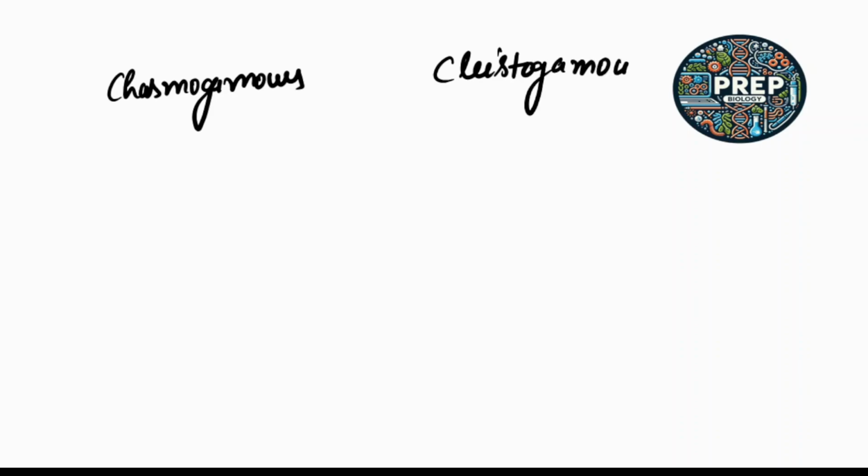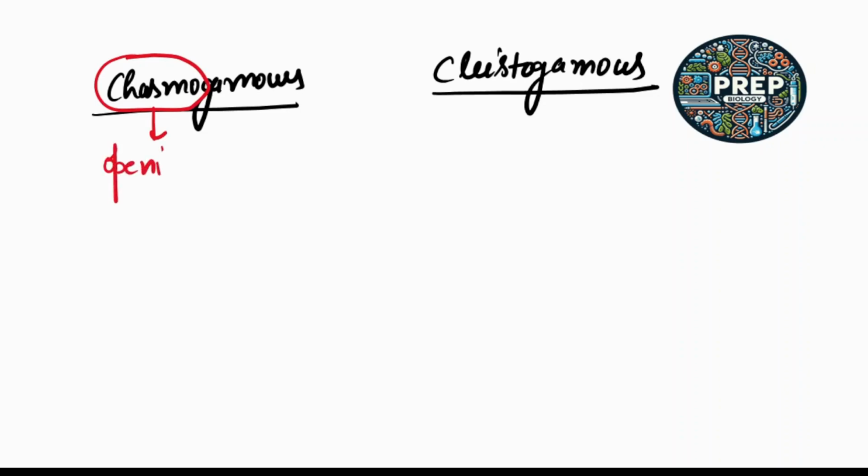If we see the chasmogamous and clistogamous flower, as the name suggests, chasmo means opening or open, okay, and clisto means closed.